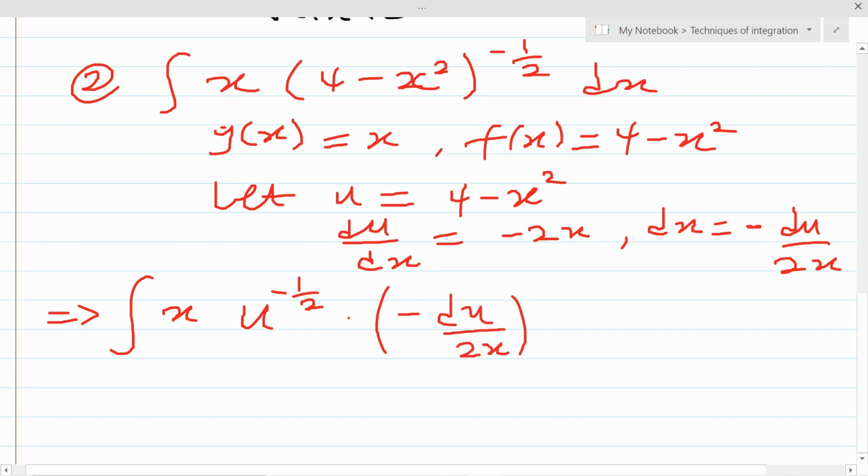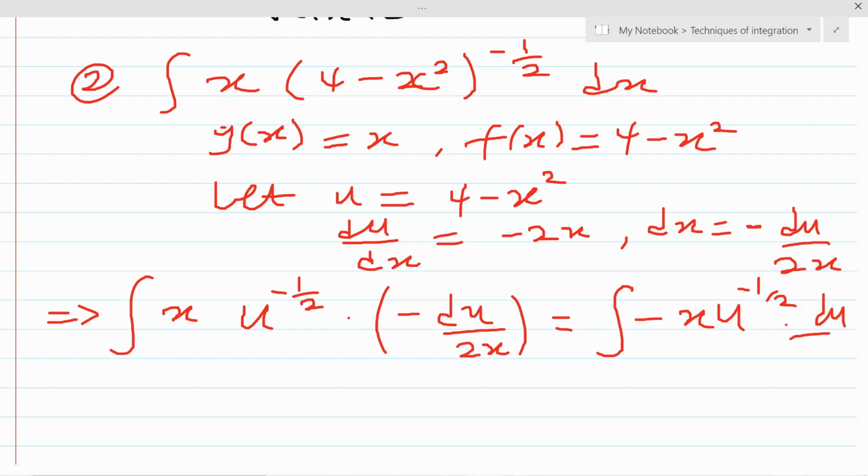Now this means that we can get something like this. The negative will affect everything, so integral of negative x u to the negative half times du all over 2x. Now this x can take this x out, so this cancels this.